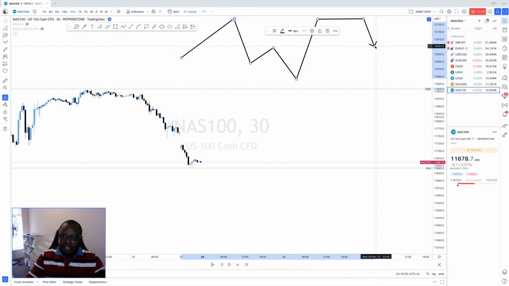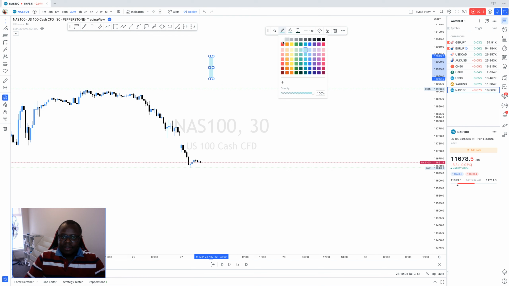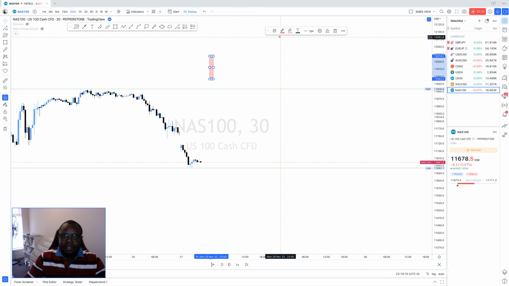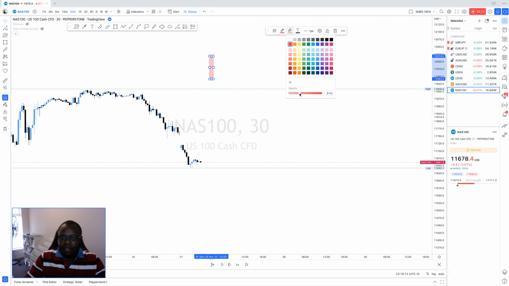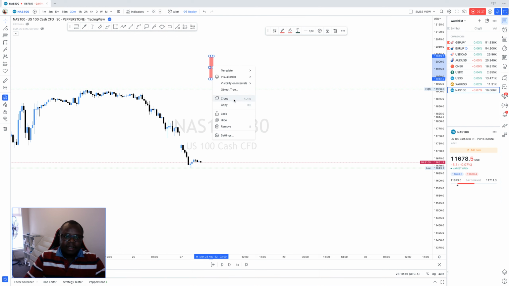So in normal circumstances, we will have a candle like this. Let's assume this is a bearish market, so I'll highlight it in red and increase the opacity. That's how a candle normally looks.